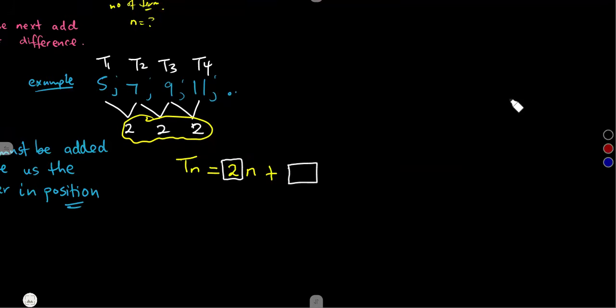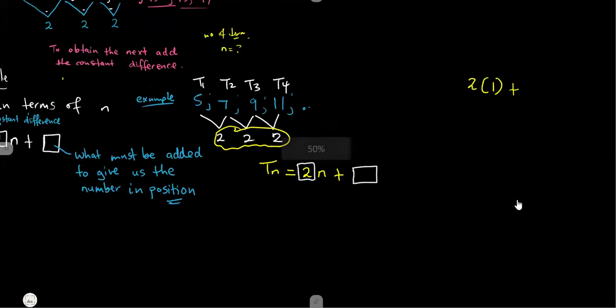Okay, let us have it here, guys. You understand me very soon. So you can do it like this. You can say for position 1, it means what? N is 1 for position 1. All right, n is 1. So it's going to be 2 times n, position 1. Our n is 1. What are we supposed to add? What is supposed to be added to give us the number in that position?